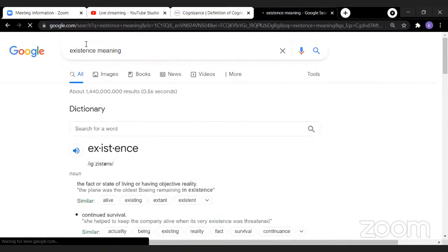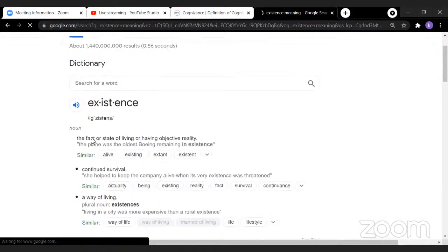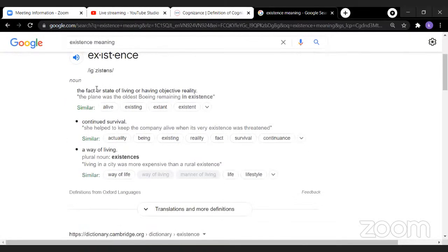Existence: the fact or state of living or having objective reality. A way of living. Similar: actuality, being, existence. So here's where we get Strong's number 1961 that people are calling a deity.